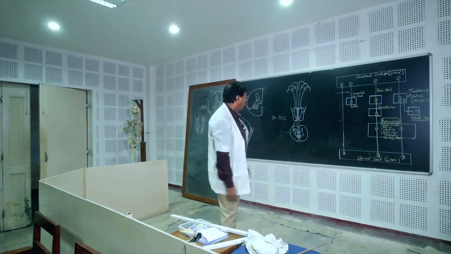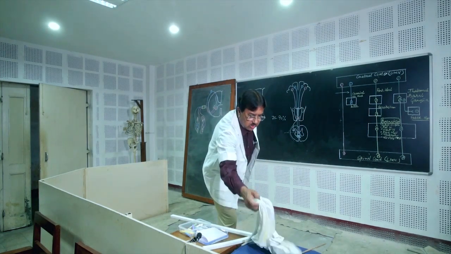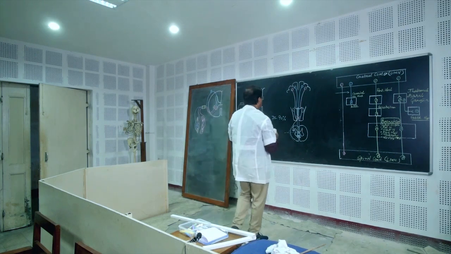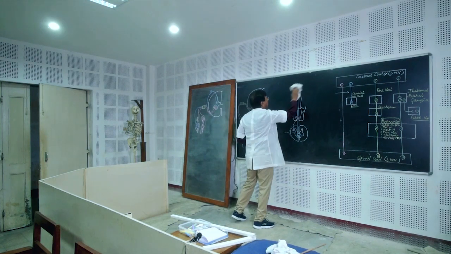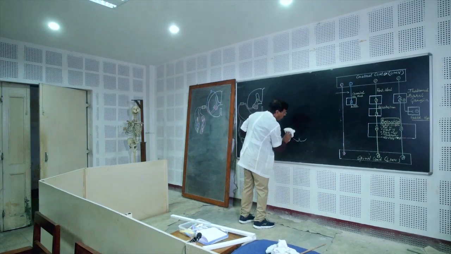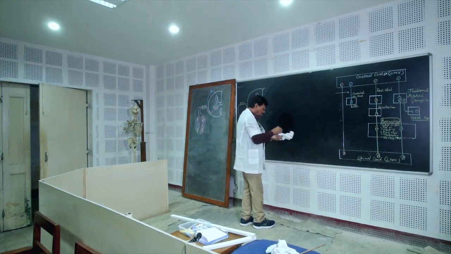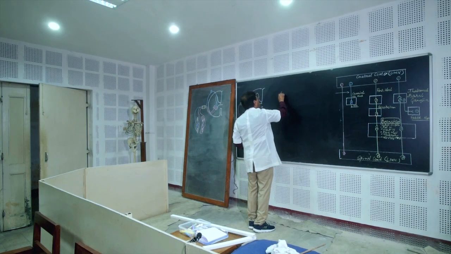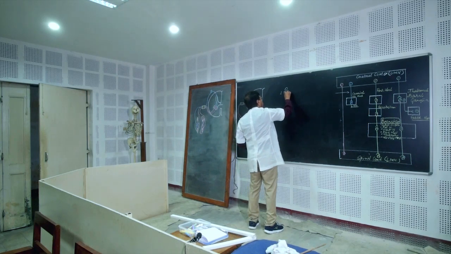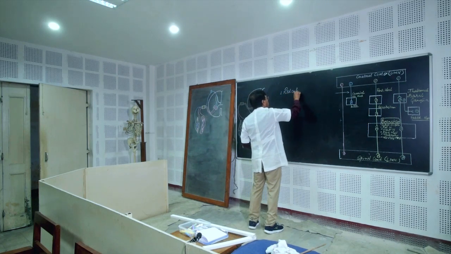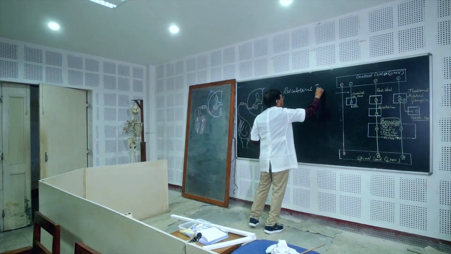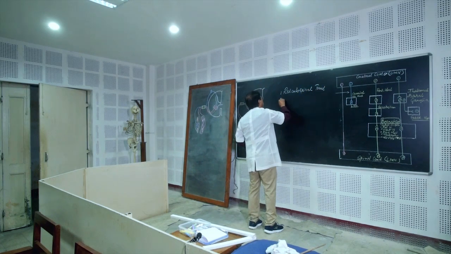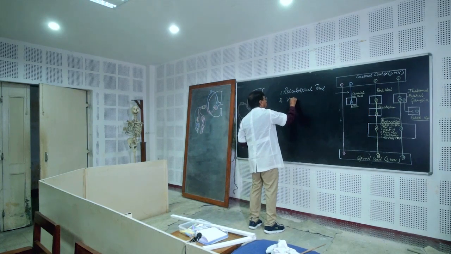In connection with this, if we see the extrapyramidal tract, the most important tracts are two: number one, the reticulospinal tract, and number two, the vestibulospinal tract.